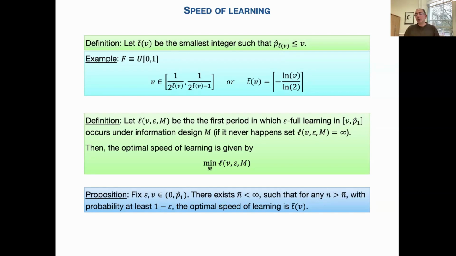So essentially, what you need to do is this homogeneous market segmentation. You need to do it for how many periods? Well, you need to do it for as many periods as it takes until the lowest price that you charge is an epsilon away from the lower bound.